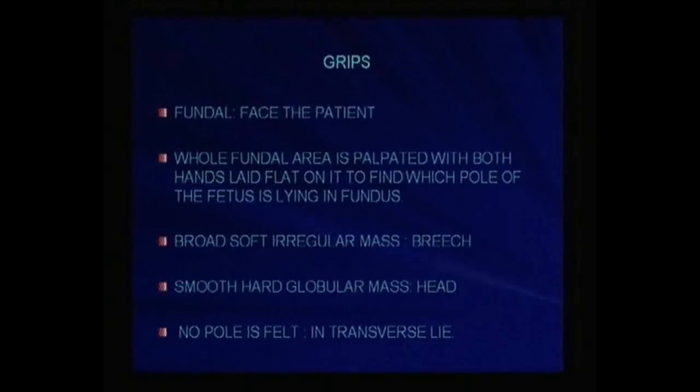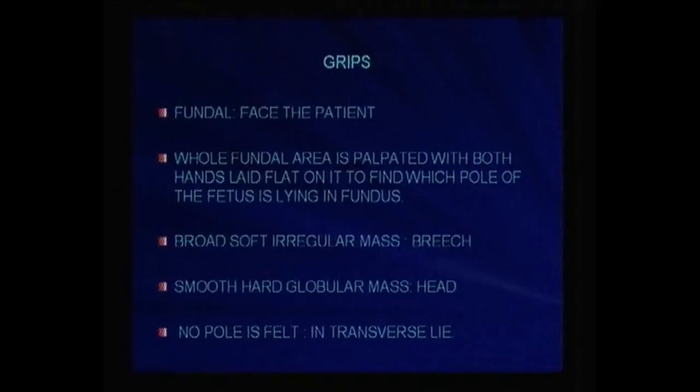I repeat, both the hands laid flat on the fundal area to gently palpate whether it is a breech or a head or anything else, or there is nothing at the fundus. A broad, soft, irregular mass would be suggestive of breech. A smooth, hard, globular mass would be a head. If you don't feel any pole, then a suspicion of transverse lie arises.